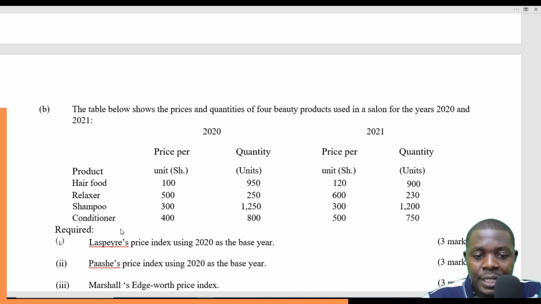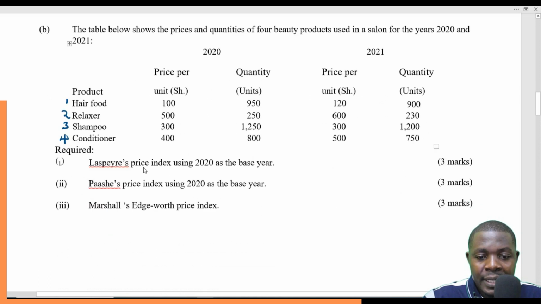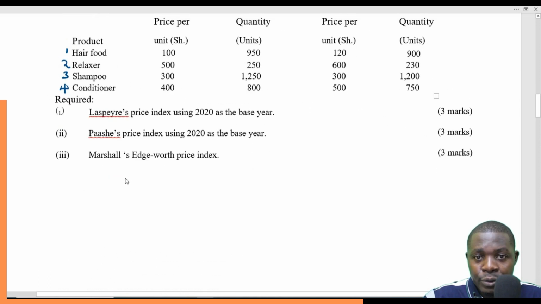Now we have the products: hair food, relaxer, shampoo, conditioner, in that order. I'm just going to number them to make it easy: this is number 1, relaxer number 2, number 3, and number 4, so that when I present them in my table for computation, it becomes easier.